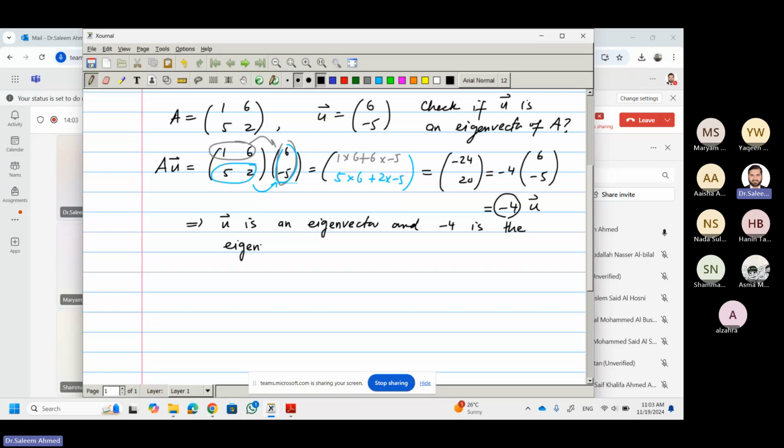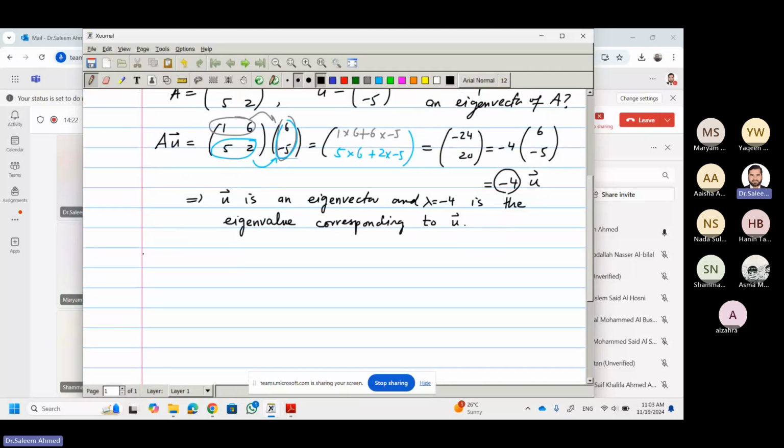Whenever you have an eigenvector, there will be an eigenvalue. If you change to another eigenvector, you may get another eigenvalue. We call it lambda basically. Lambda is -4.